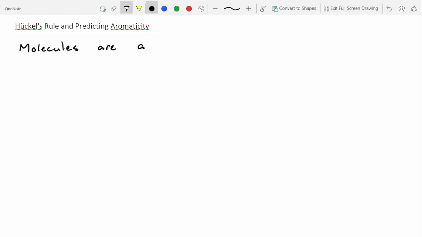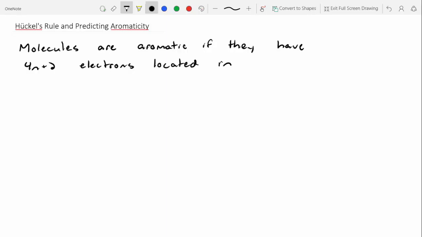So molecules are aromatic if they have 4n plus 2 electrons located in p orbitals that are aligned in a ring system.